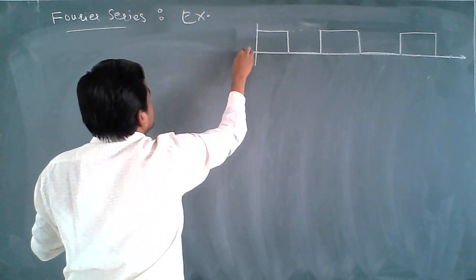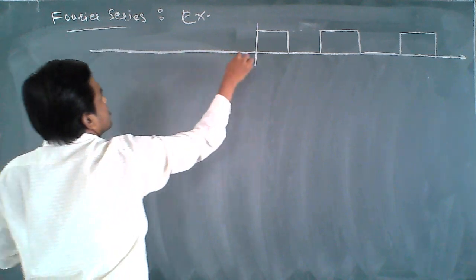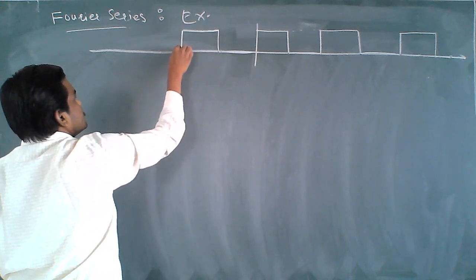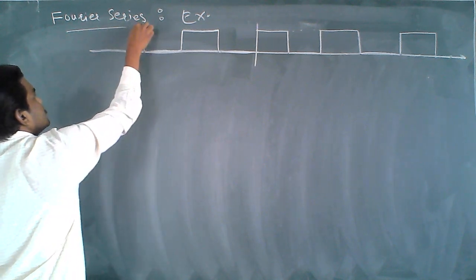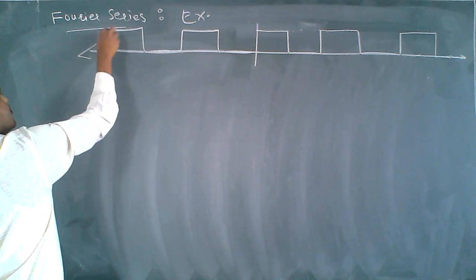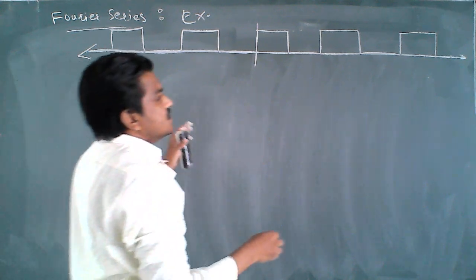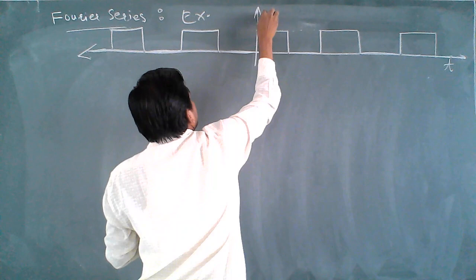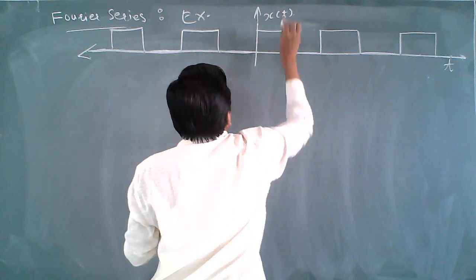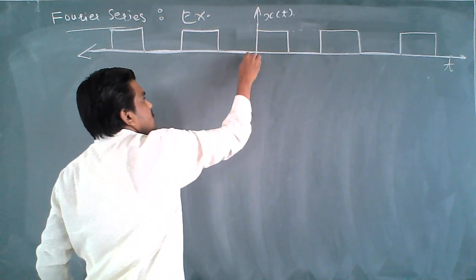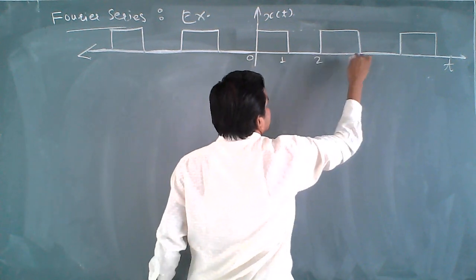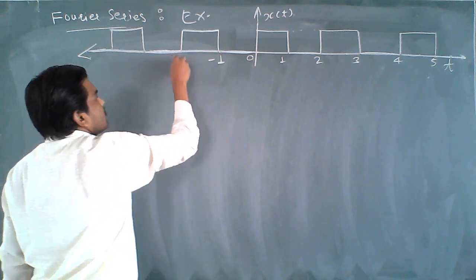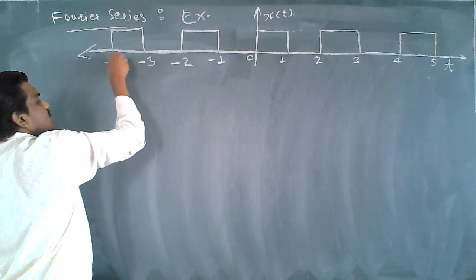So this is 0, this is 1, 0, 1, 0, 1, and this goes towards this side. This axis is your t, and this is your x of t. This is 0, 1, 2, 3, 4, 5, and then this is minus 1, minus 2, minus 3, minus 4.